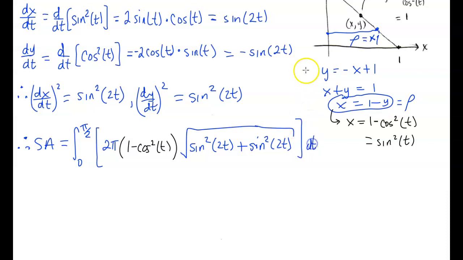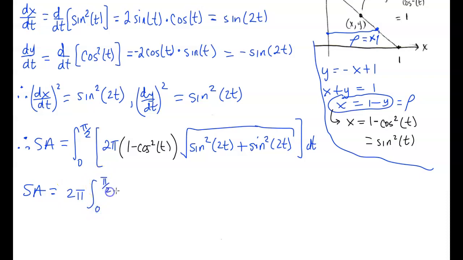So this is just going to be 2 of those on the inside there, all that dt. Let's do some separation here. All right, so what we essentially have here is 2 times sine squared of 2t. So we'll factor out this 2 pi here. Go from 0 to pi over 2 there.